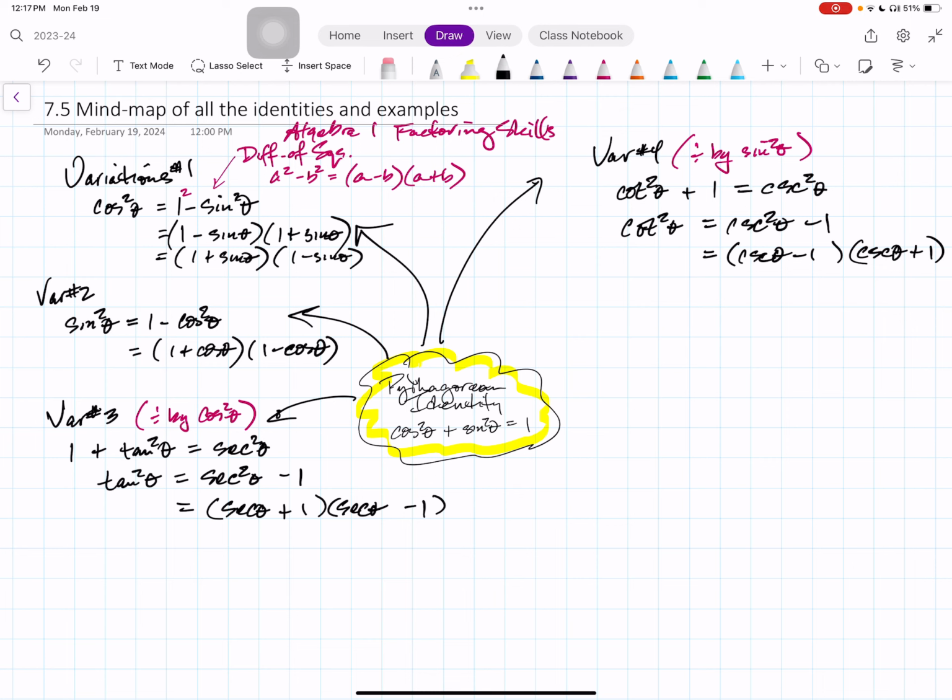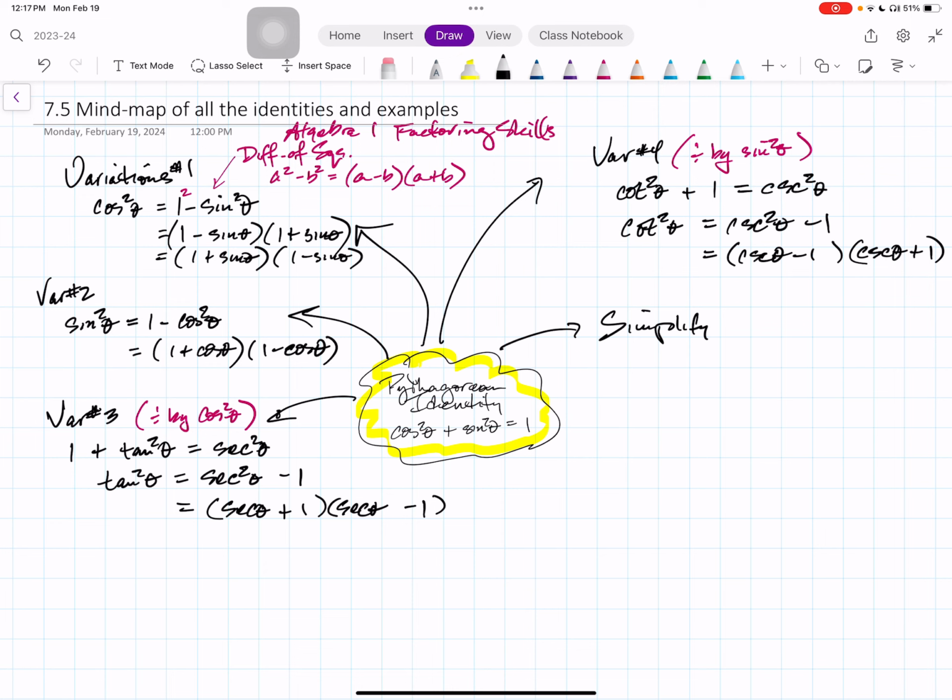Let's do some simplifying. Okay, so let's see here. Let's take a look at an expression. Okay, so here we go. Simplifying. So here are some of the examples. So simplify. Okay, so I'm going to make up an expression.